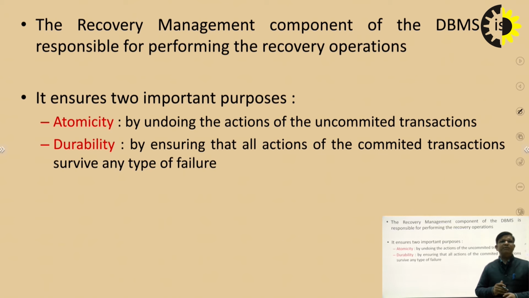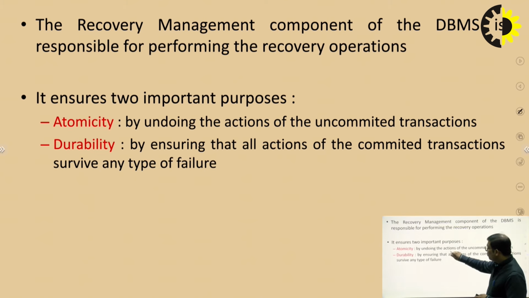The recovery management component of the DBMS is responsible for performing recovery operations, and it basically ensures two important purposes: atomicity and durability. There are four properties of a transaction, the ACID properties: atomicity, consistency, isolation, durability. But recovery mainly ensures atomicity and durability.